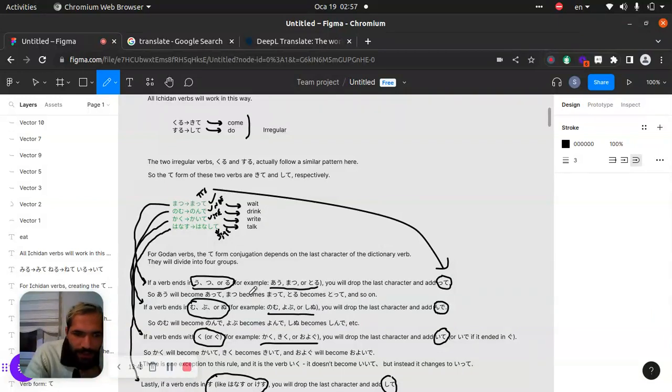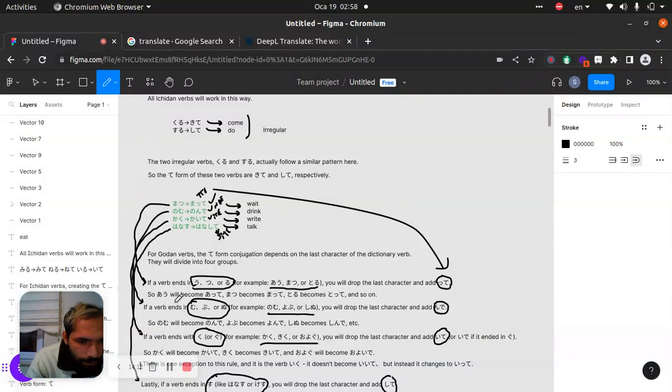You can say for au, you'll say atte. For matsu, you'll make it matte. For tatsu, you'll make it tatte, okay? It is something like wait then, drink then, write then, talk then. It will make it like that.